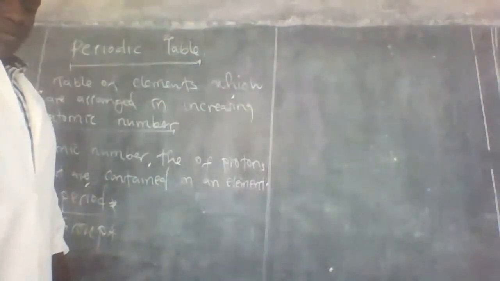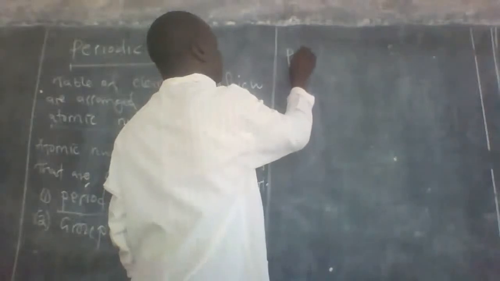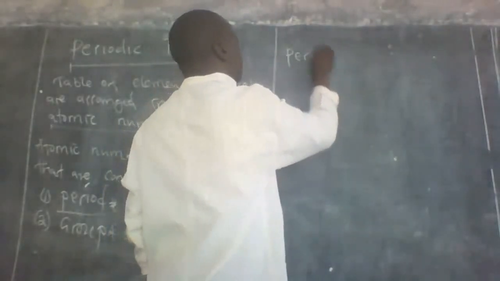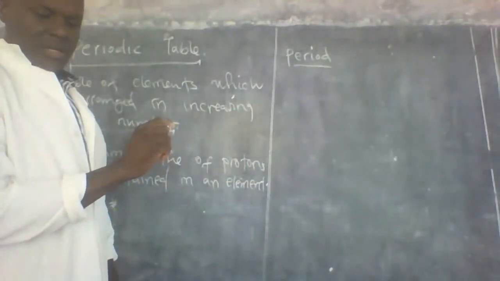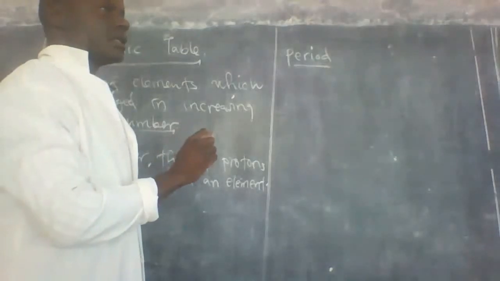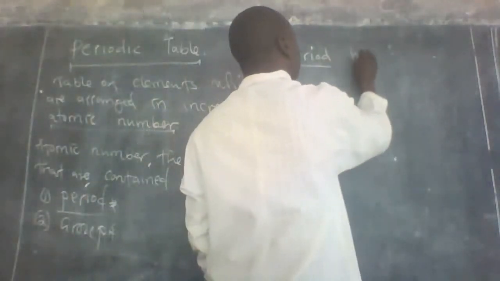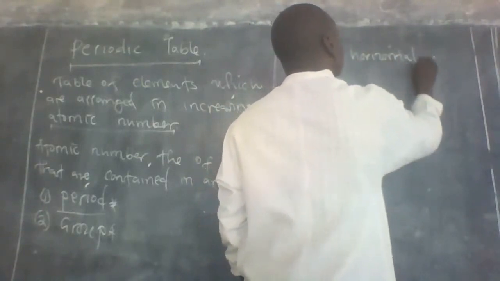What is a period? The period on the periodic table is a horizontal row.